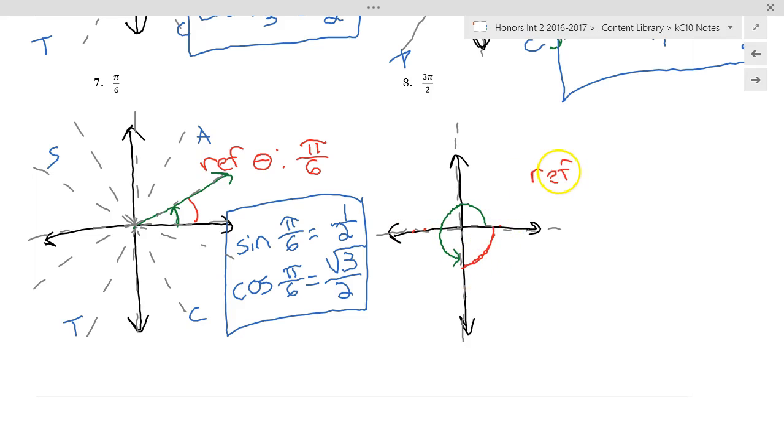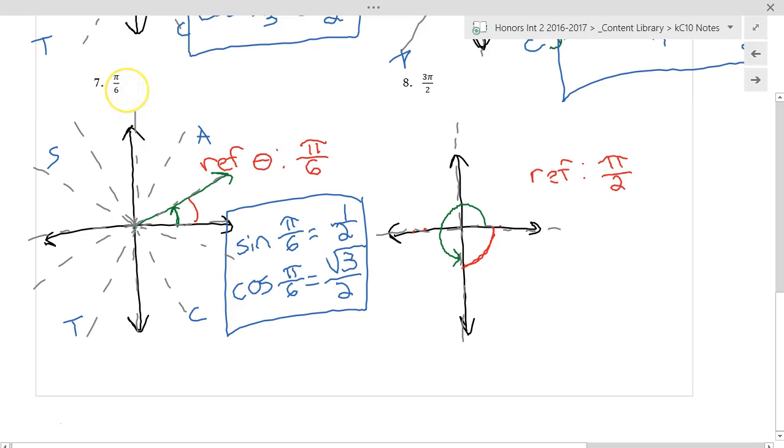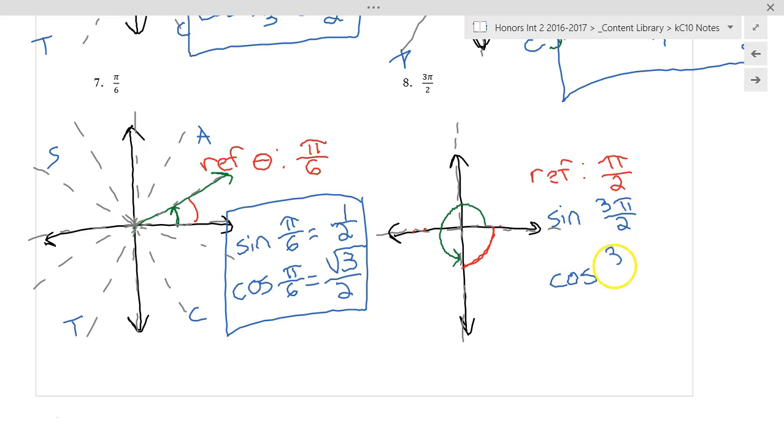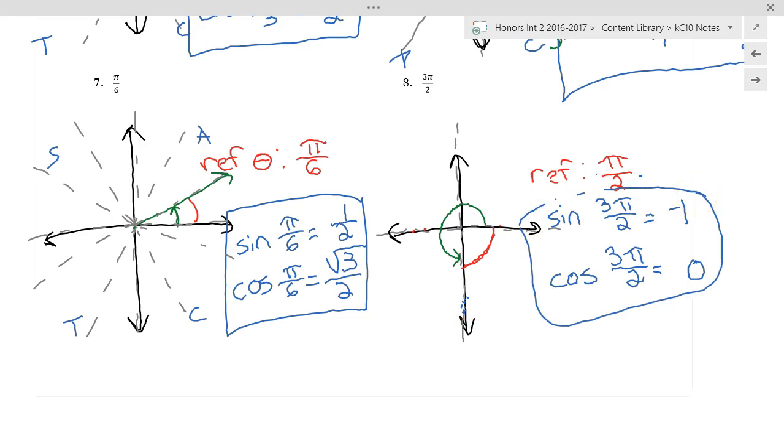My reference angle is simply pi over 2. Looking for my sine and my cosine. The sine of my reference angle is 1. The cosine of my reference angle is 0. Again, I'm on a negative axis. Down is negative, so that sine is going to become negative 1. And that is it.